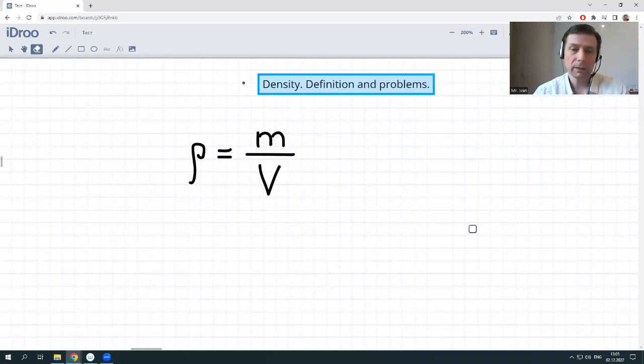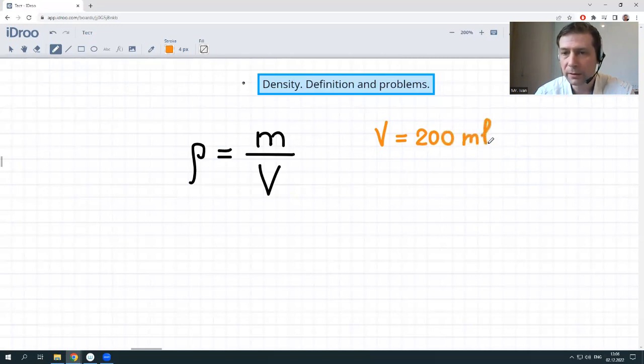Simple problems. Let's say we have a glass of water. How much does it weigh? How many kilos? What's the mass of it? Usually, the volume of a glass of water is 200 milliliters. A milliliter is the 1,000th part of a liter, or one millionth part of a cubic meter.